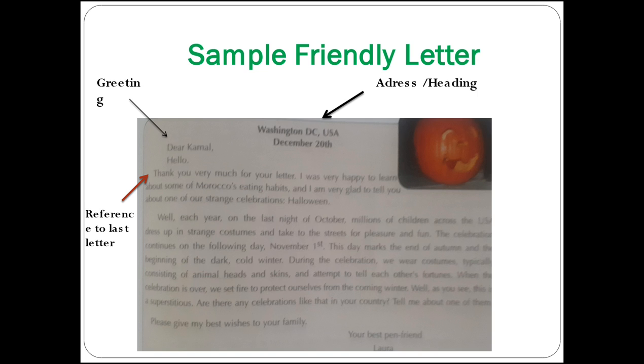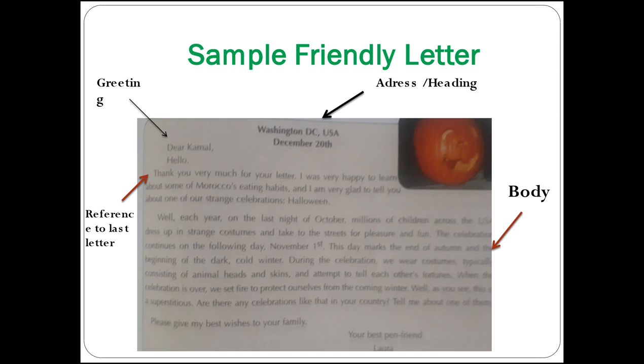The first paragraph is a reference to the last letter. So Laura is referring to the last letter. The second paragraph is called the body. In the body, it talks about the object or the purpose of the letter.